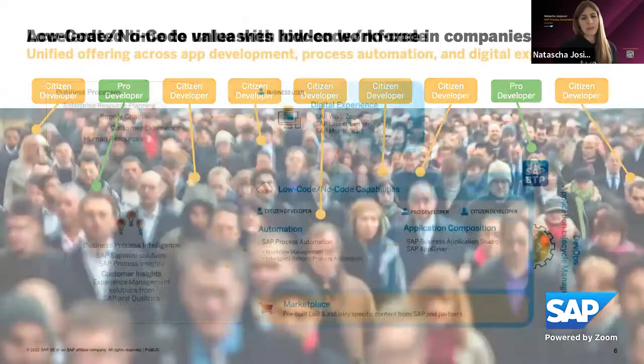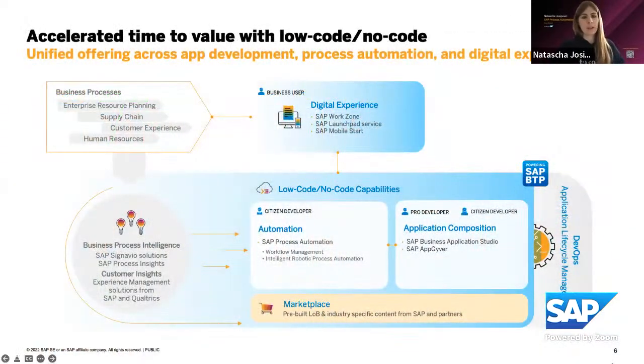We from SAP, we want to help our customers in order to accelerate the time to value with low-code, no-code. And that's why we have a unified low-code, no-code offering, which you can see here. It consists of three different elements. So we have the digital experience, so everything that touches also the business user, the consumer of, for example, processes and applications.